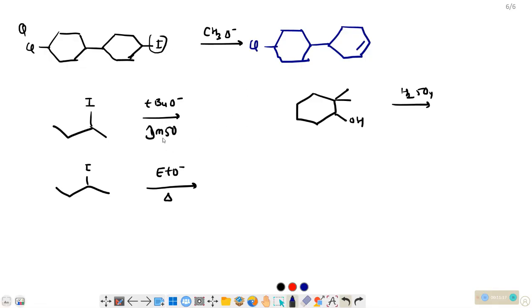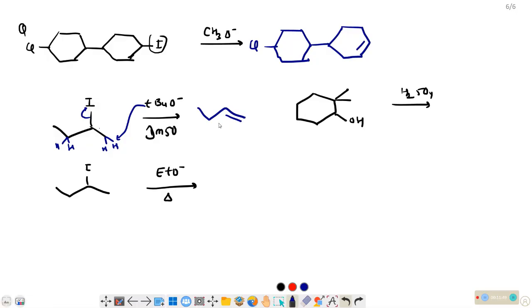It is chlorine. Now we have tertiary butoxide, which is a bulky nucleophile. So it can remove hydrogen from here or from here. So where is less steric hindrance? It is this side. So it will remove hydrogen from this side and give us this type of alkene, on the less hindered side. So it is called the Hofmann product.